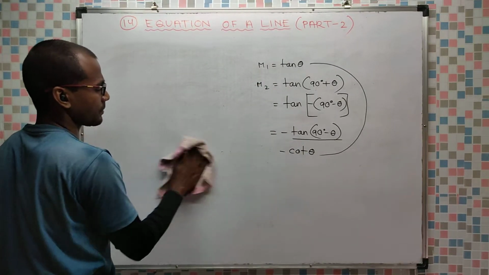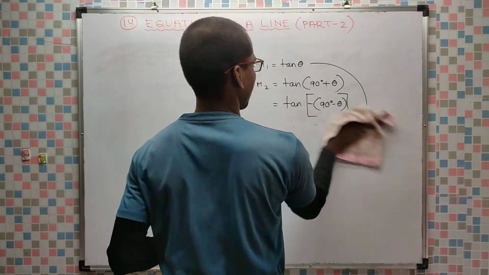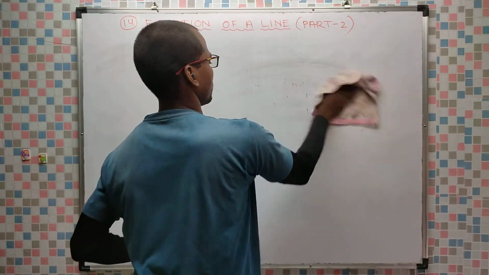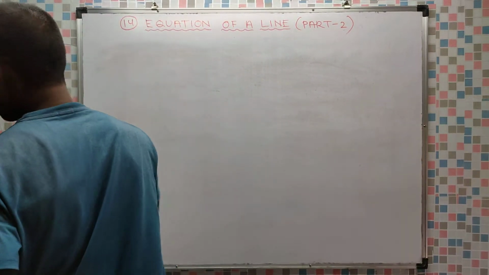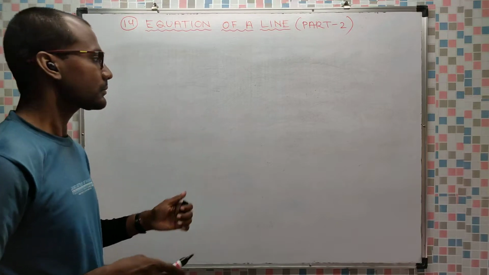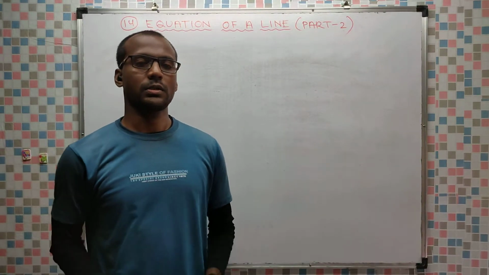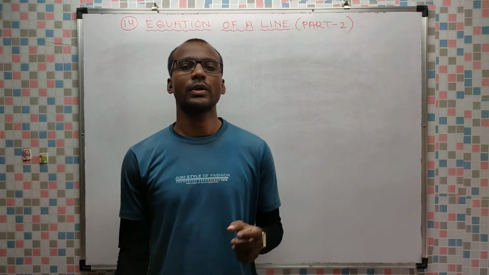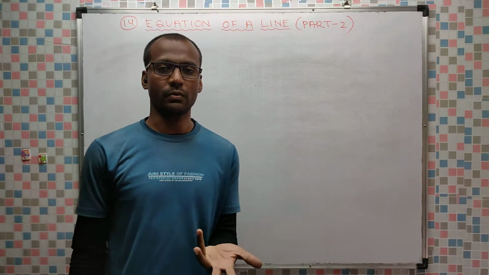Now the last part: slope of a line in which the angle of inclination is not given, but two coordinates are given. Slope is tan theta, so in order to find the slope of a line, we need the angle of inclination, that is theta. But if theta is not given, then what will we do?